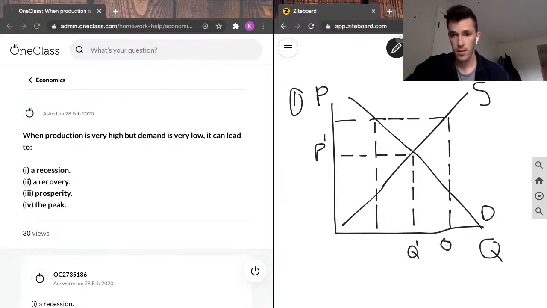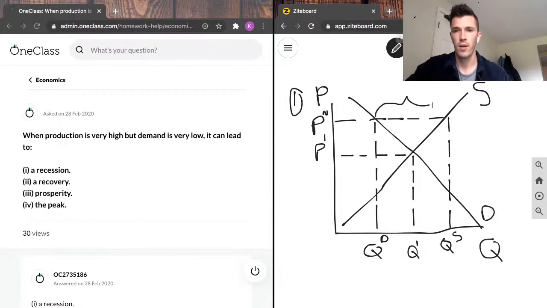This here is going to be the quantity supplied, and this here is going to be the quantity demanded. And of course, this is the price at the new point. Now, everything in between the quantity supplied and the quantity demanded is going to be our excess supply.